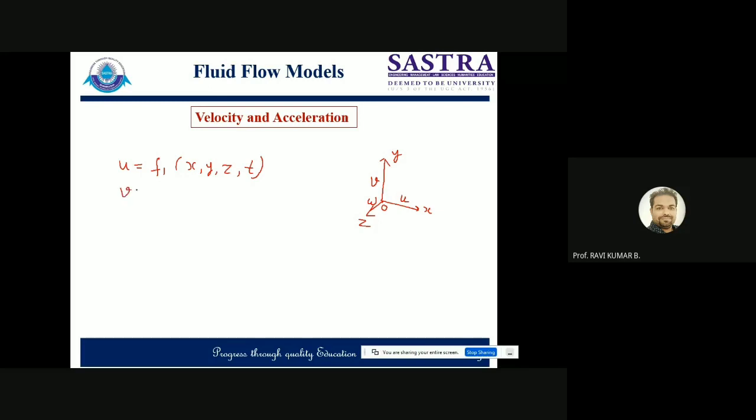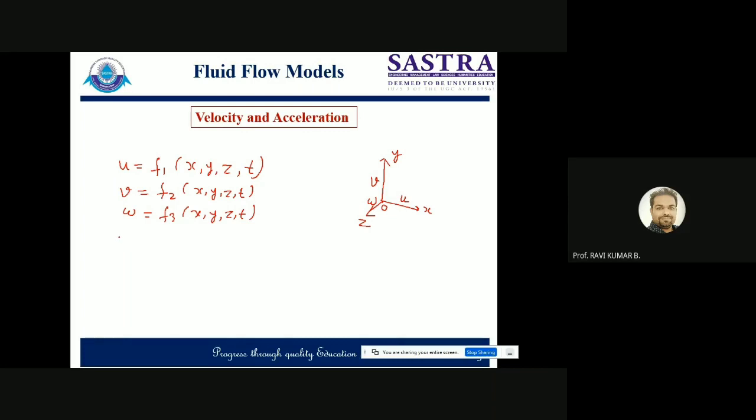Similarly, we can write v as another function of x, y, z, and t, and w is also another function of x, y, z, and t. If you want to find any relationship, you have to combine all these three velocity components into a single velocity component.